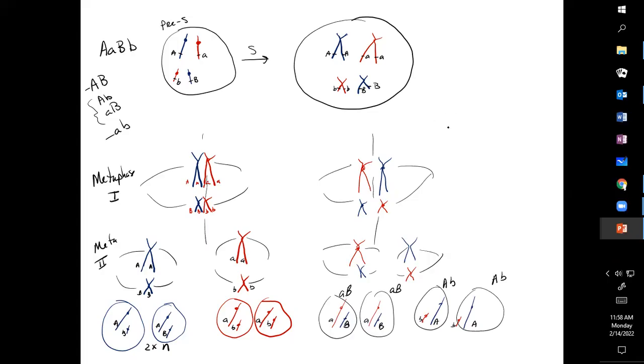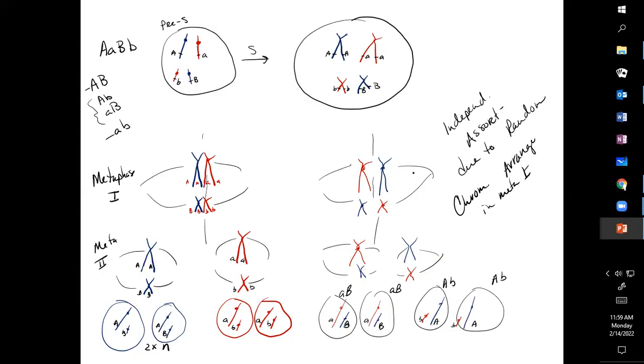So Mendel's second law, the law of independent assortment, is really due to the chromosomal arrangement at metaphase 1, and that it's random.